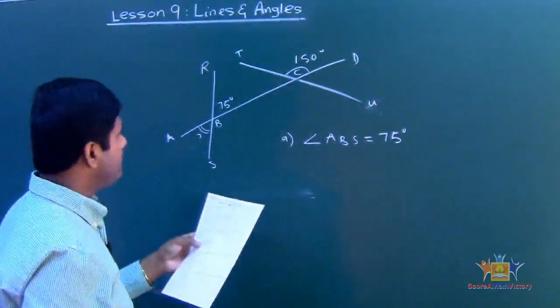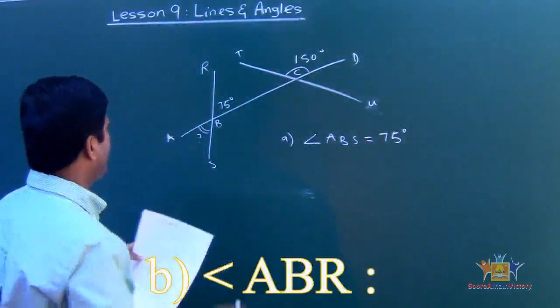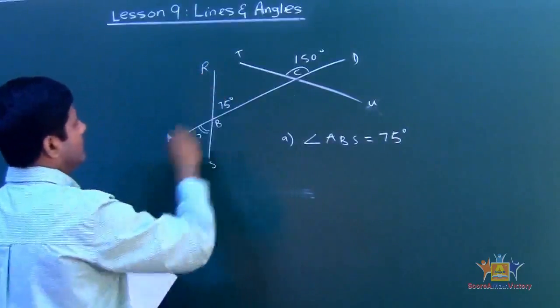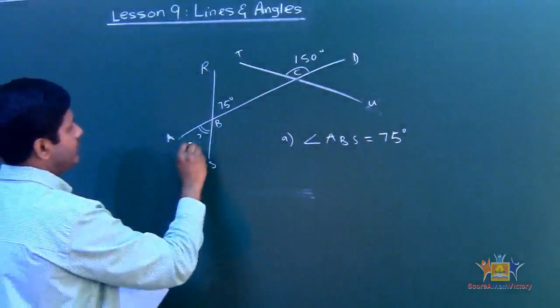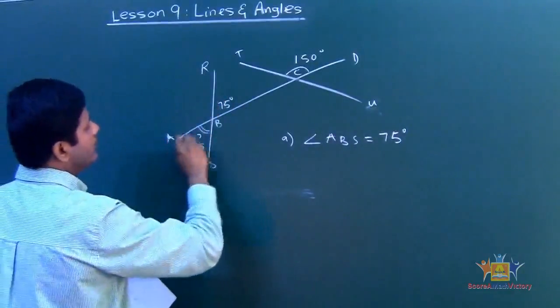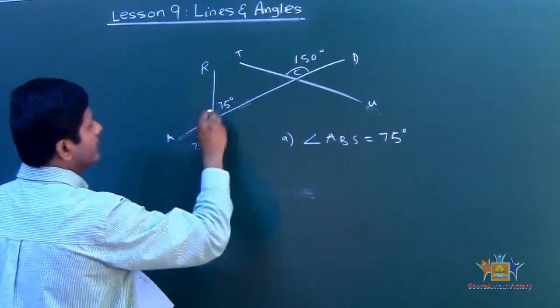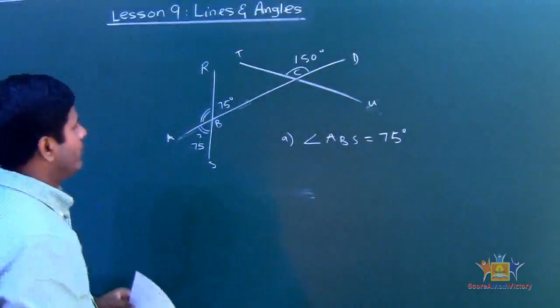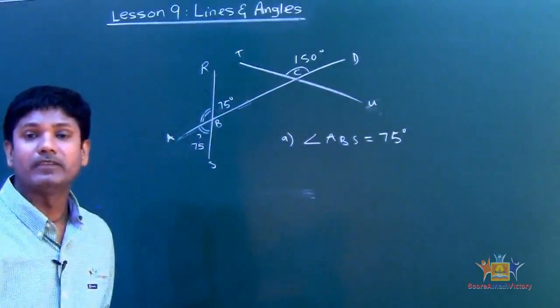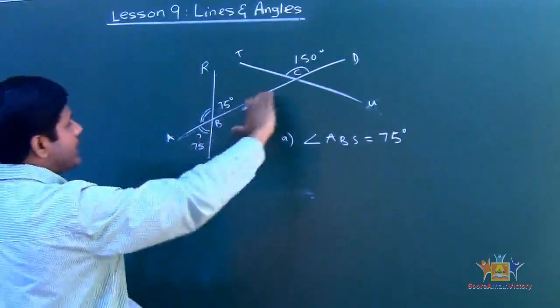Now how about angle ABR? If this is 75, what would this be? Oh, look at this, a straight line. What are these angles to each other? They are supplementary, because remember, 180 degrees, straight line.